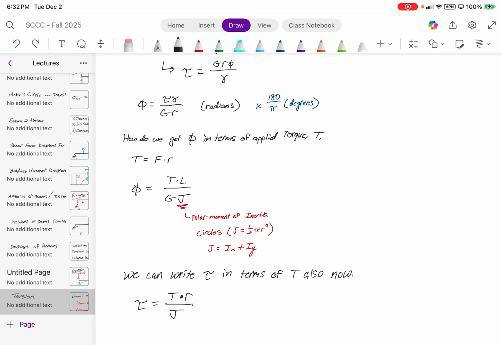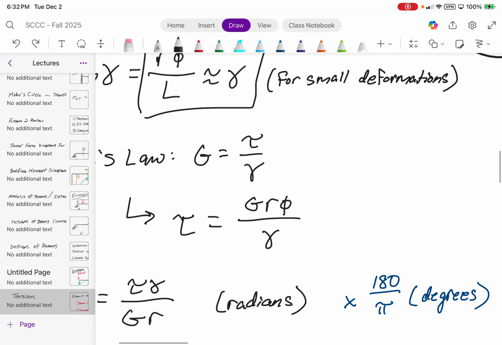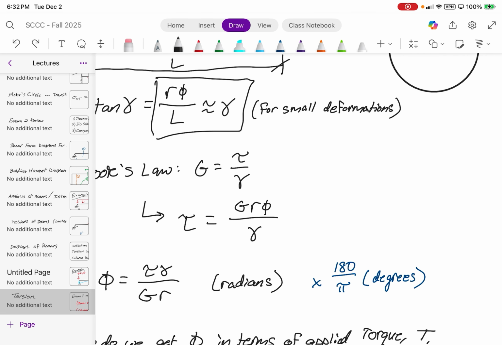Yeah, wait, why did I write that? All my notes are messed up. It should be G R phi. I don't know why I put it wrong. Wait a minute. That's the correct term, so let me correct that. Sorry, these notes are all messed up. This was a typo.